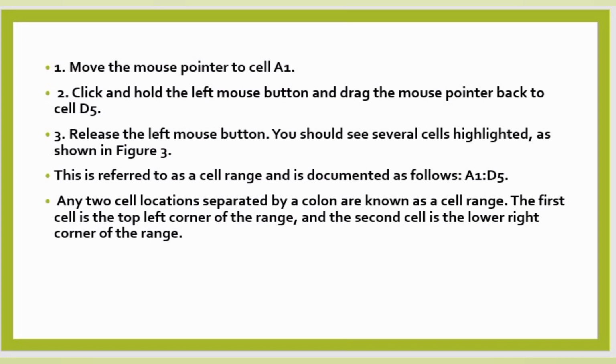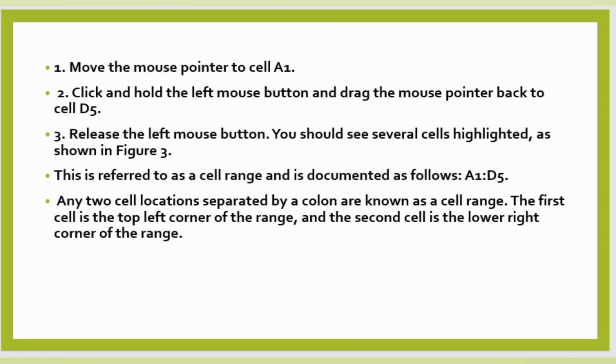Release the left mouse button. You should see several cells highlighted. This is referred to as a cell range and is documented as follows: A1 to D5. Any two cell locations separated by a colon are known as a cell range. The first cell is the top left corner of the range and the second cell is the lower right corner of the range.